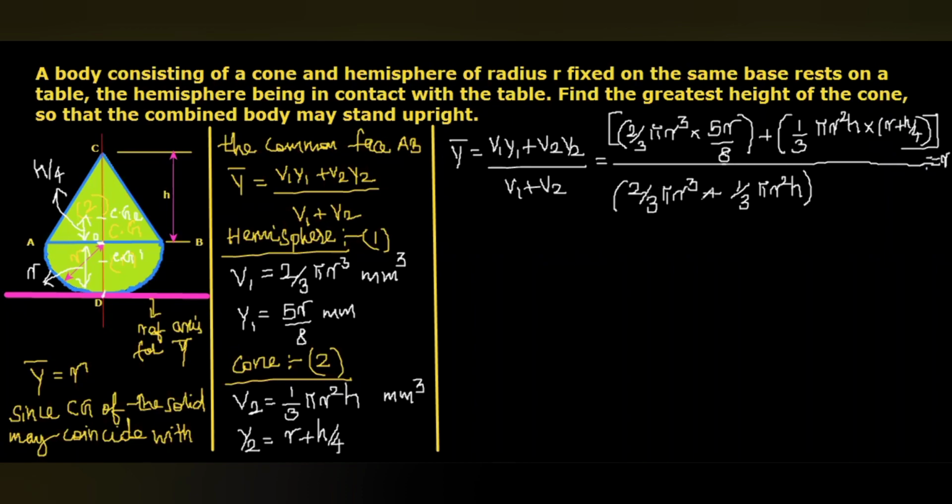So this value equals r. Then simplification. The denominator can be multiplied with r, that is cross multiplication. So we can write 2 by 3 pi r cube multiplied with r, then we will get r power 4, plus 1 by 3 pi r square multiplied with r, that is r cube h.